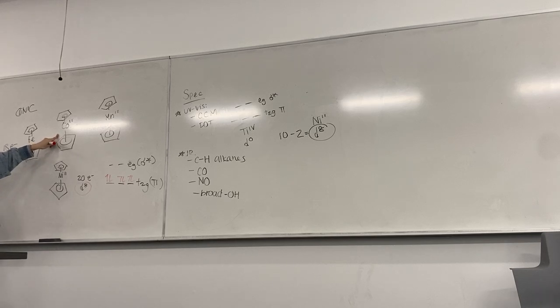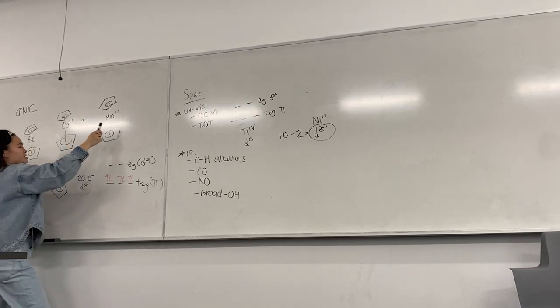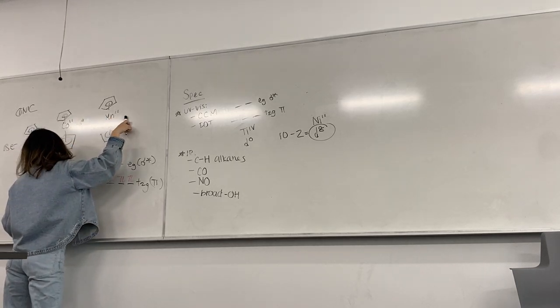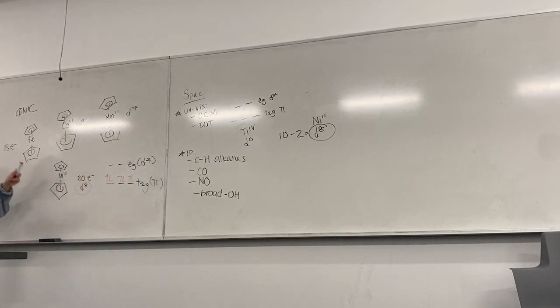Remember, cobalt 2+ is d7. Okay, calculate the electron count, saying that this is d7, and maybe this is d5.